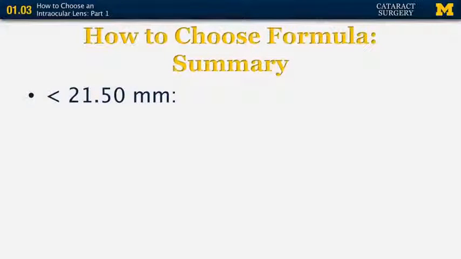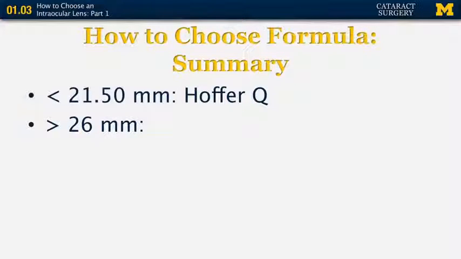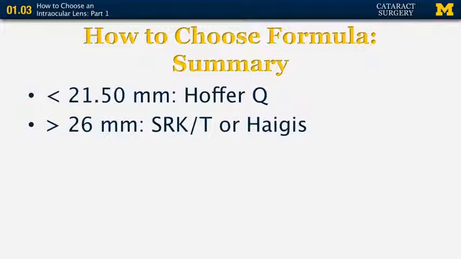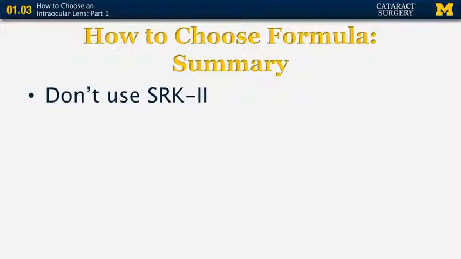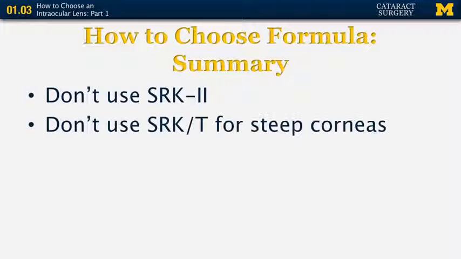So the summary. If your eyes are shorter than 21.5 millimeters, use the Hoffer Q formula. If they're greater than 26 millimeters, use the SRK/T or the Haigis formula. If they're greater than 27 millimeters, adjust the axial length and use the Holladay 1 formula. Don't use the SRK2.